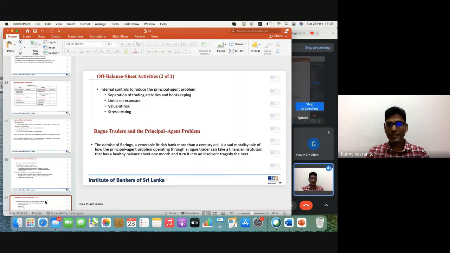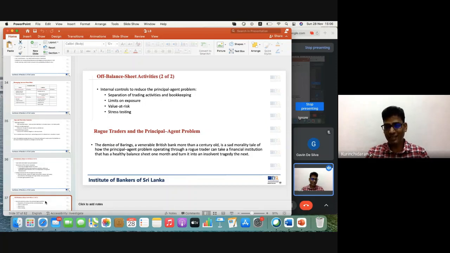The story behind that is the banks have the treasury, trading desk, and the middle office, right? So there were no proper controls, no segregation of duties between trading activities, middle office functions, and bookkeeping as well.